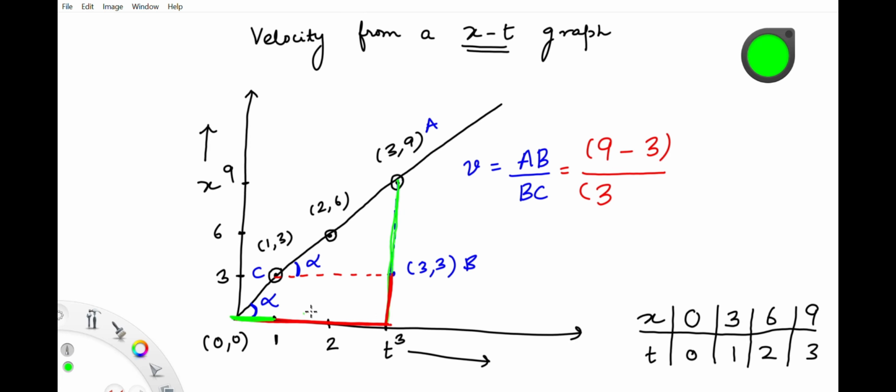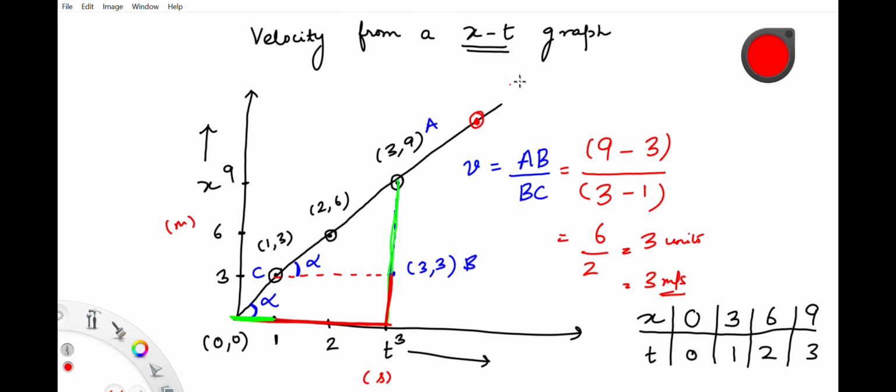So the entire red part was basically equal to 3 units, and this small green part is basically equal to 1 unit. So I get V as 6, that's 9 minus 3, and 3 minus 1 is 2. So I get velocity as 3 units, and assuming that x is in meters and time is in seconds, my velocity becomes 3 meters per second.